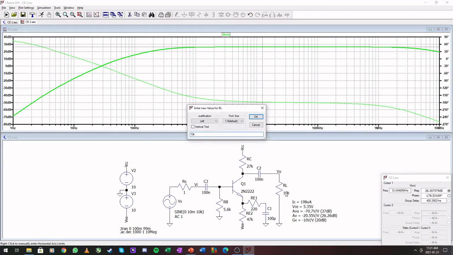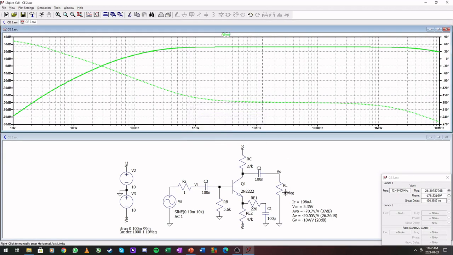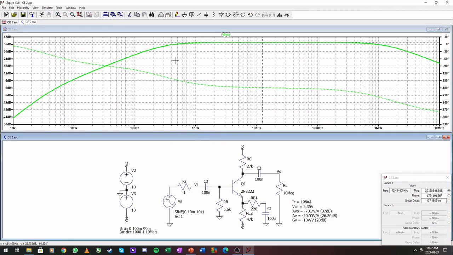And lastly, making our load infinite, we should see AV0, 37.5, 37 decibels. Okay, so our analysis and our simulation is roughly the same.